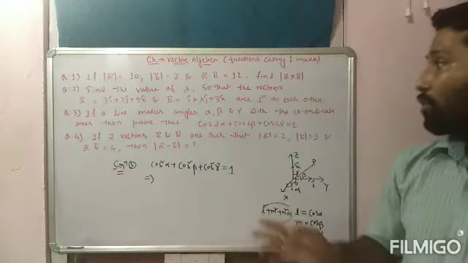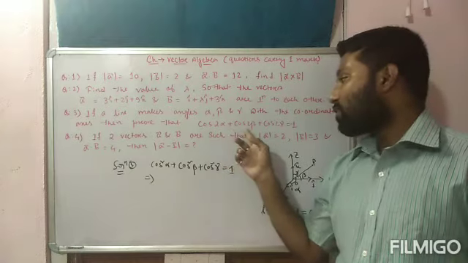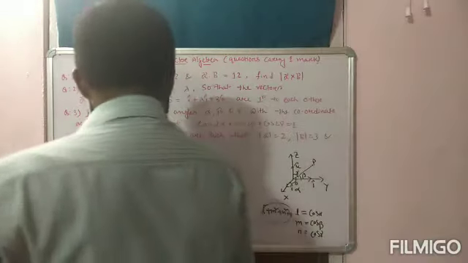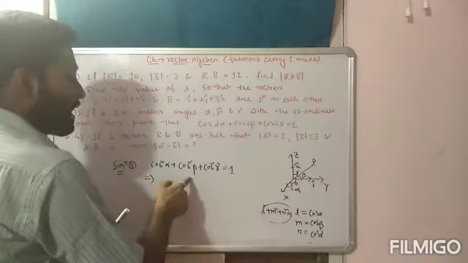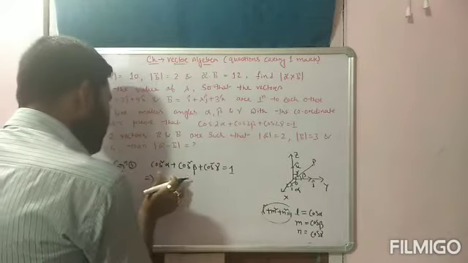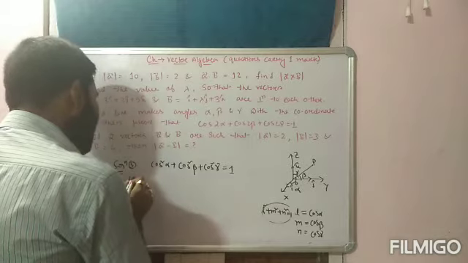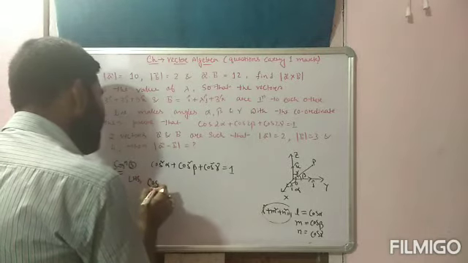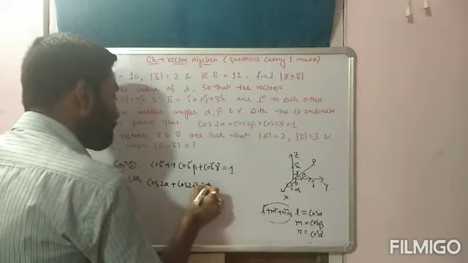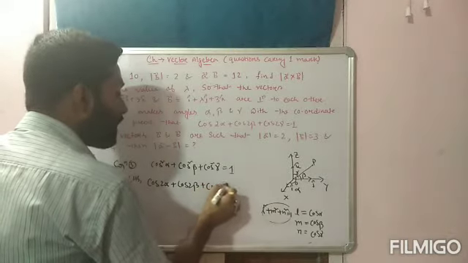But you have to prove that cos 2 alpha plus cos 2 beta plus cos 2 gamma is equal to minus 1. Okay? So since we know cos square alpha plus cos square beta plus cos square gamma is equal to 1, now use the left hand side part. So left hand side is cos 2 alpha plus cos 2 beta plus cos 2 gamma.